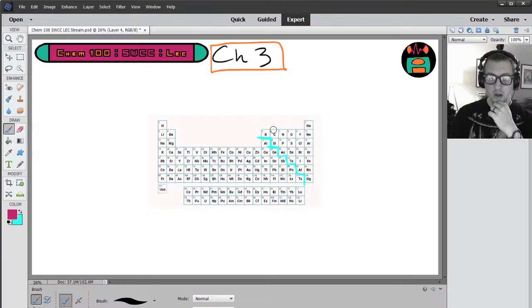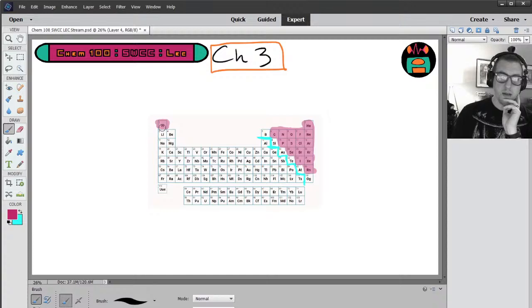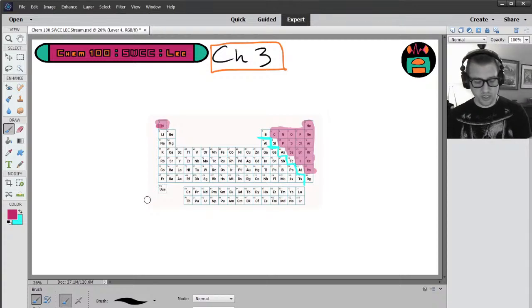All right, so your non-metals are all over here. There's only one notable exception to this, one non-metal that isn't clumped over here with the rest of them. And that is hydrogen, all right? But that should come as no surprise.